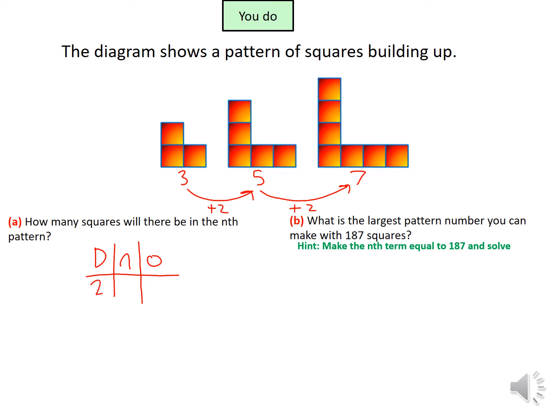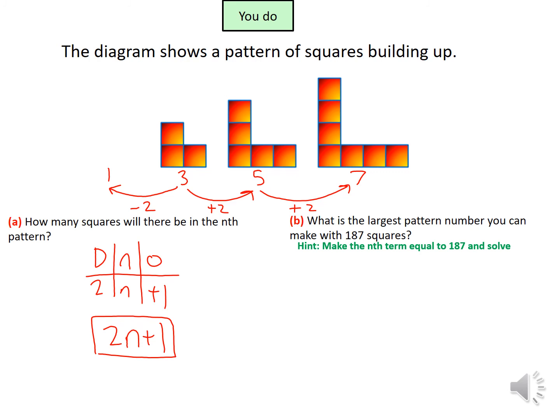My n will keep the same, and my 0th term, so if you go back to your first term, remember if you're trying to find the next term in the pattern, you would add 2. If you're trying to find the previous term, you would have to subtract 2, do the inverse. So 3 take away 2 is positive 1. So my 0th term is positive 1. Therefore my n-term expression is 2n plus 1.